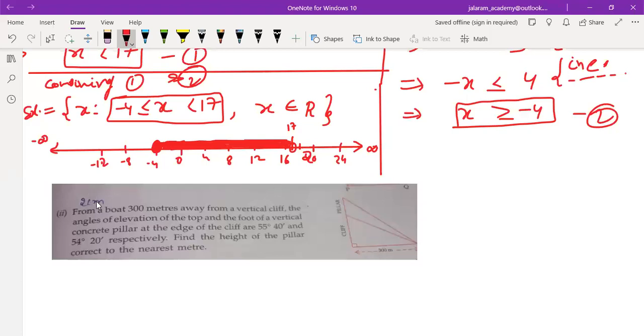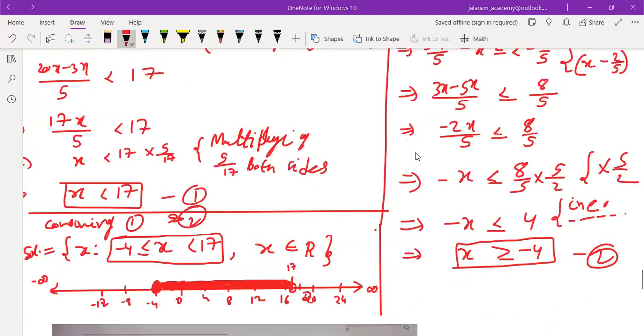So now we will discuss the next one. Okay, it must be 5, so it will be easier to solve now. It is 5 only.